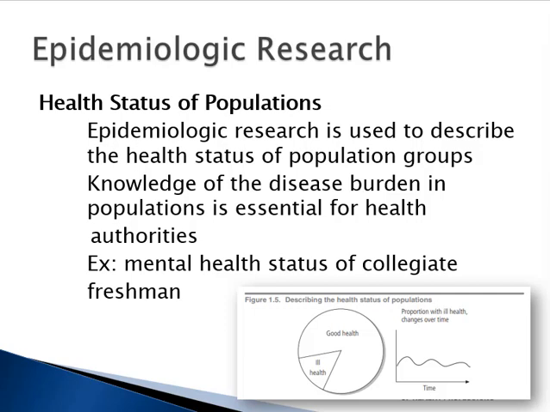What's another example? Well, if you are an administrator at a university, you may be interested in the mental health status of collegiate freshmen. Why? Well, you want people to start off school, to have success, to feel like they're fitting in, that they're connecting, and that will potentially help with retention.